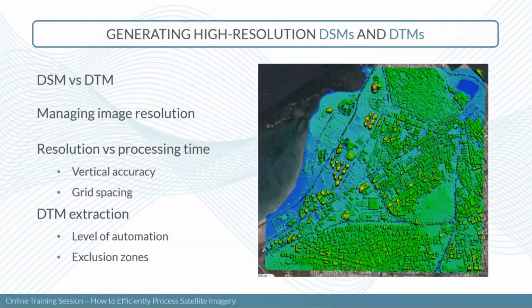And here, there are many ways to extract a terrain model from a surface model. Maybe some of you have already worked with LiDAR technology. LiDAR can give you a really high detail terrain model.